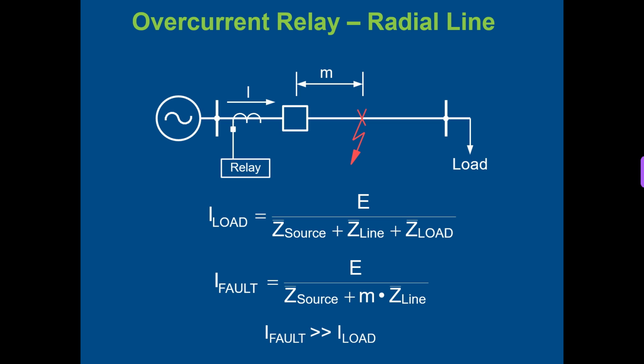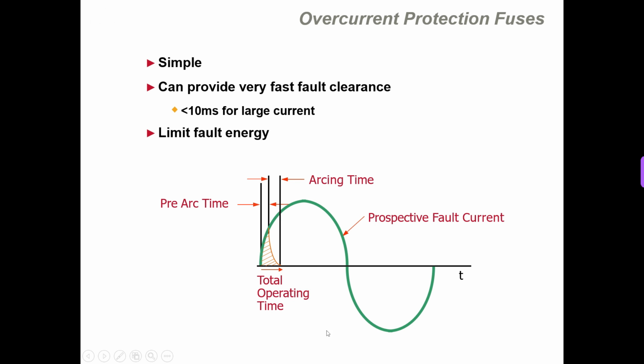If we have a fuse which operates for any current more than this, suppose this I fault is 10, so if my fuse is operating for more than 10 ampere, it can protect my line and my job will be done. So this fuse is a very simple type of overcurrent protection, which operates with a very short time.